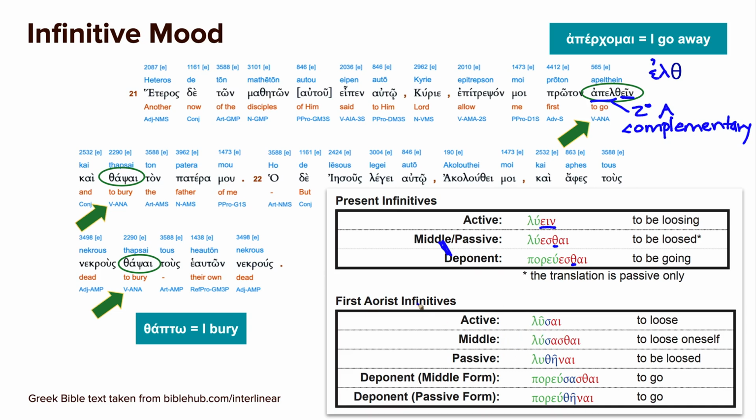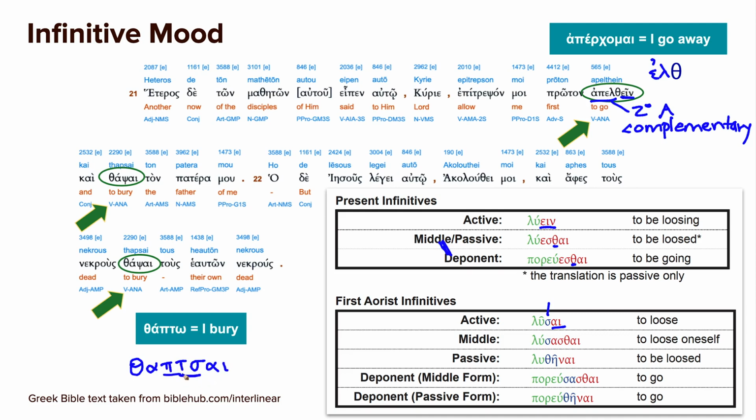All right, and now first aorist, meaning the non-irregular, the regular aorists, have this sigma and then alpha iota. And that's what we see over here. So with thapto, you're taking thapt, and you're adding a sigma, alpha, iota.